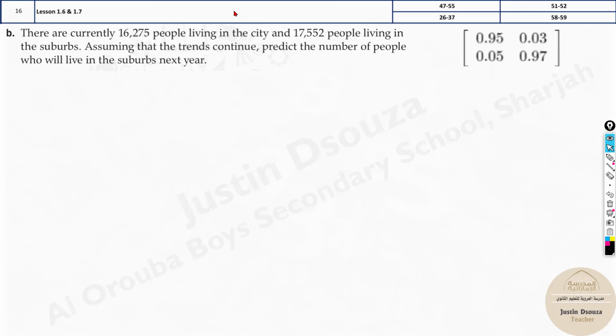And over here they have given another type of problem, option B. There are currently 16,275 people living in the city and 70,552 living in the suburb. Assuming that the trend continues, predict the number of people who live in the suburb next year. If the same migration continues, what's going to be the values for next year?